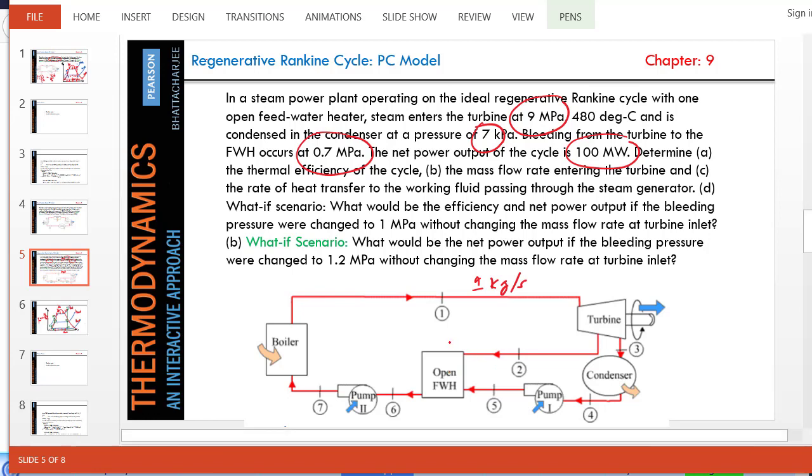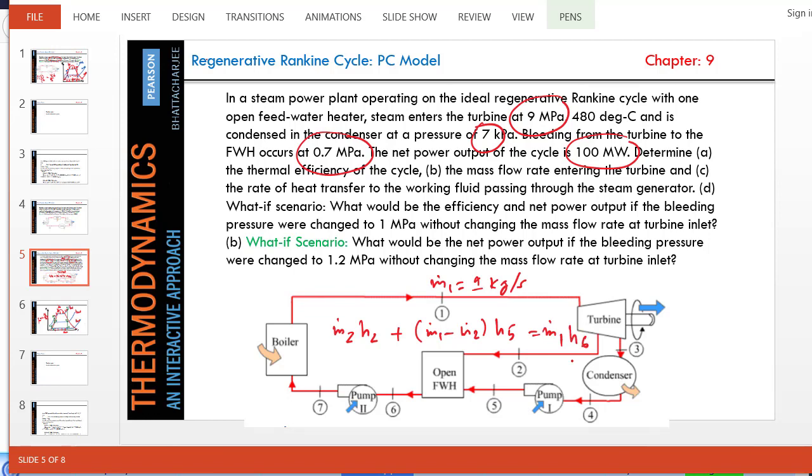So as you can see, if we do a heat balance on the open water heater, then we can write m dot 2 times enthalpy H2 plus m dot 5, which is coming in here, which is m dot 1 minus m dot 2, times H5. This is the energy entering through these pipes, and it must equal the outgoing flow, m dot 1 times H6.